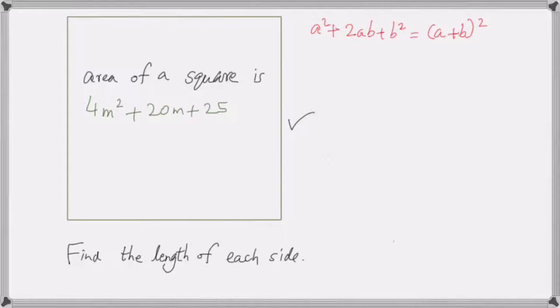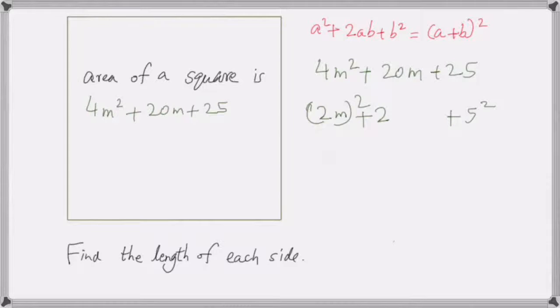So let's use that thought process and see if we can find the solution. 4m square can be written as 2m to the power 2, and 25 can be written as 5 square.